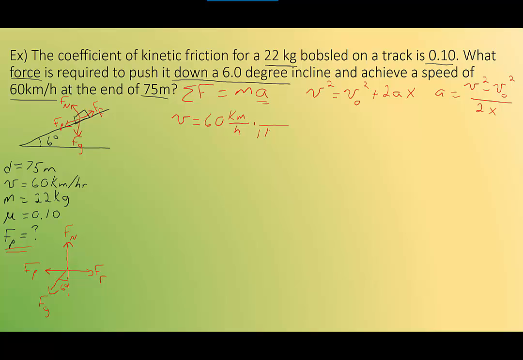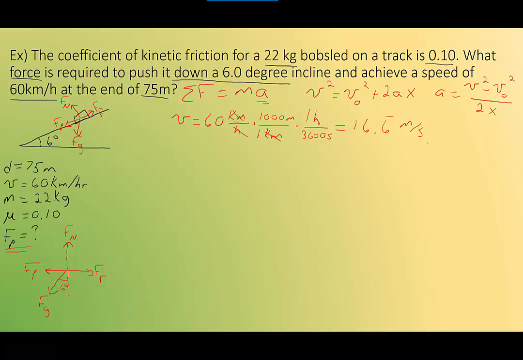So 1 kilometer is 1,000 meters, and 1 hour is 3,600 seconds. That gives me a final speed of the bobsled of 16.6 repeating meters per second.